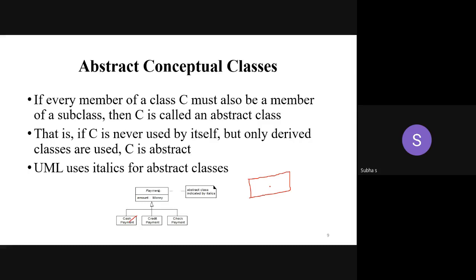Before that attribute, you have to mention the slash symbol. Slash age means age is considered as the derived attribute. Similarly, if you write a class name in italics, then that is called an abstract class. Got it? That is mentioned here. This is the concept note. So payment is the abstract class indicated by italics.